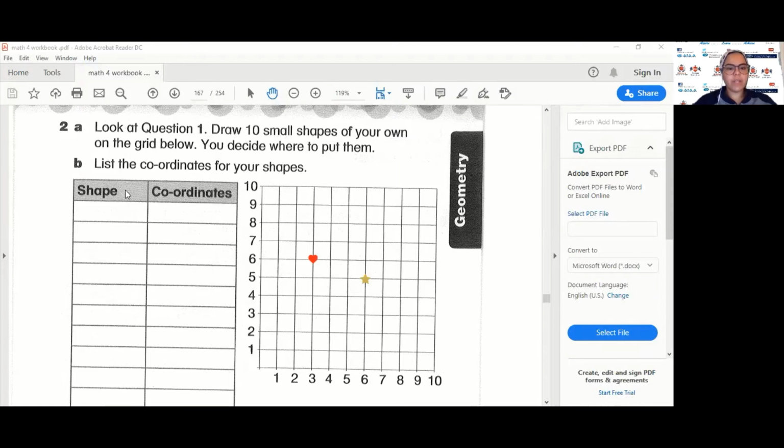So this is a heart. The coordinates of the heart are 3 and 6, right? The second one, here we have a star. The coordinates of the star are 6 and 5. I think it's clear enough. So you are going to continue and put 10 shapes, okay, and write the coordinates of these shapes.